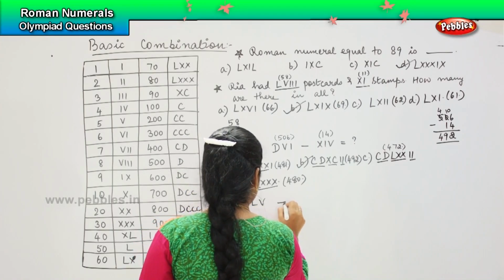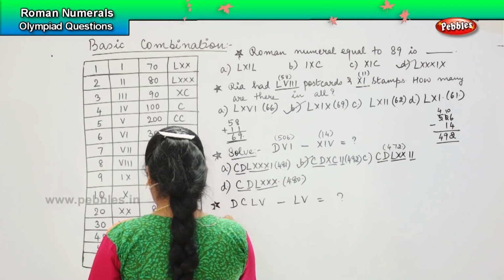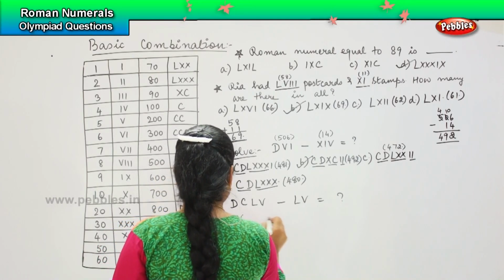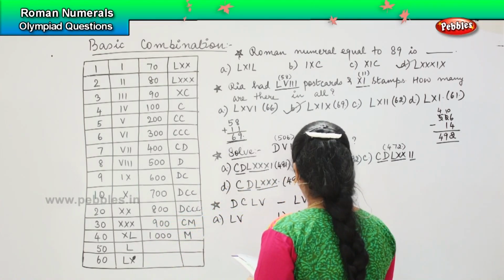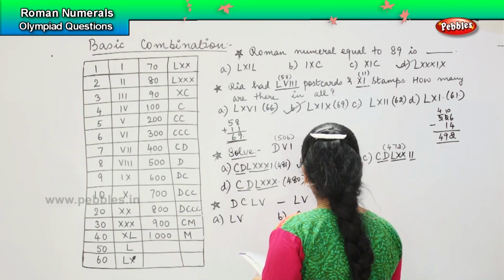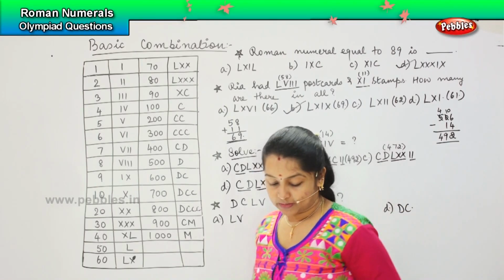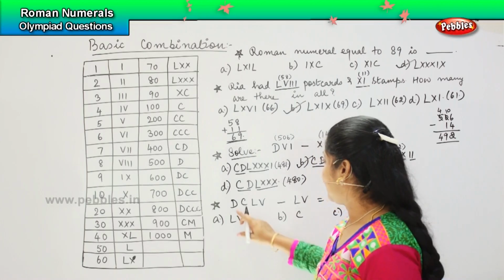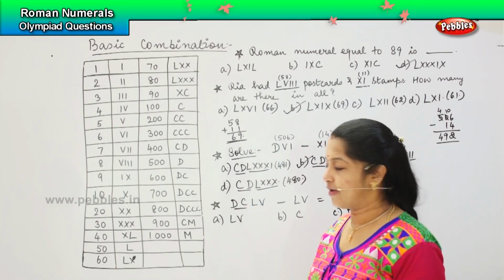DCLV minus LV equals how much? Your options are: option A, LV; option B, C; option C, D; and option D, DC. Okay. So now DC is how much? 600.